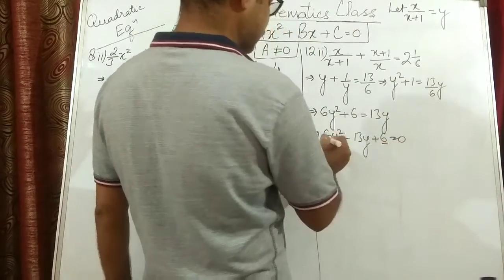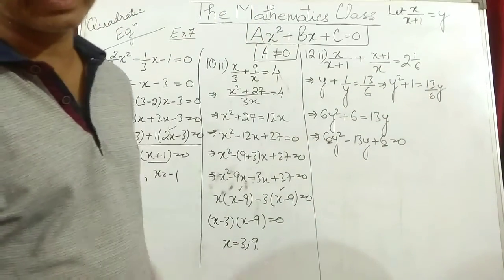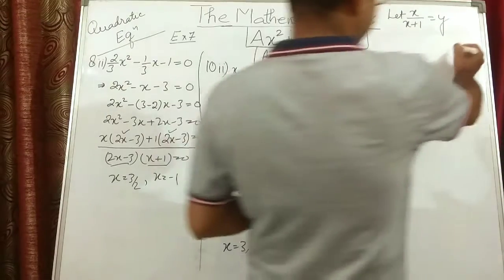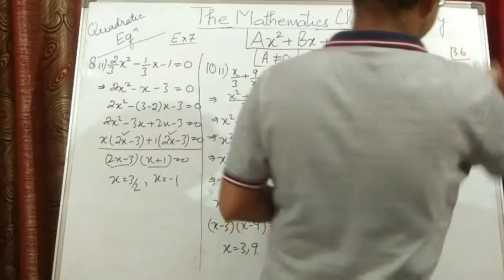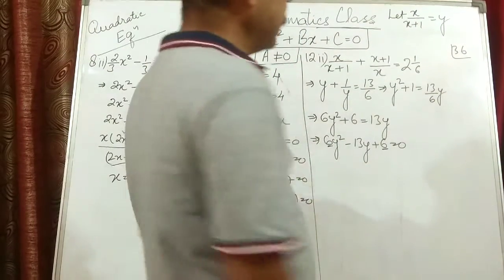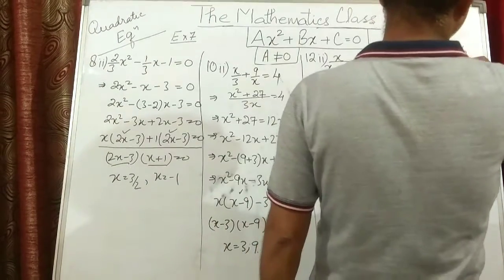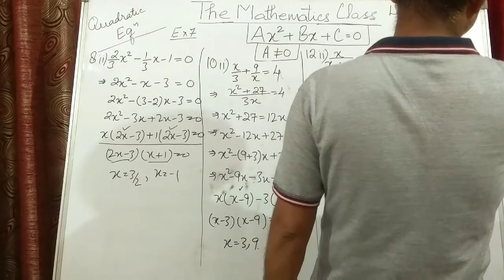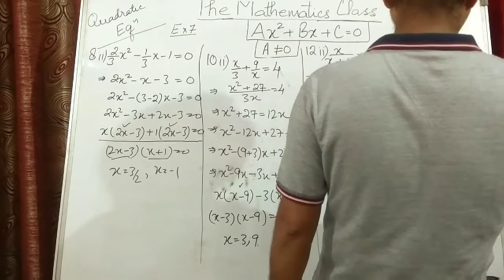This 6 and this 6, A and C, both of them are 6. 6 into 6 is 36. Now 36 has to be factorized so that we should get 13 as a factor. So 2 18s are 36, 2 9s are 18.